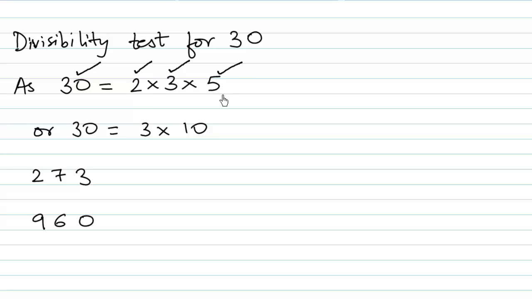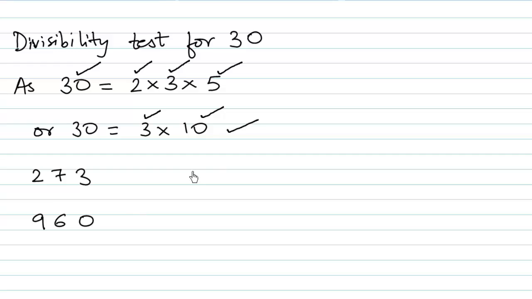That number should have either 0 or 5 as the units place, and the sum of all the digits should be divisible by 3. Or we can also state it as 3 multiplied by 10. So a number that is divisible by 3, and we know the divisibility test for 10 is the last digit should be 0. So this is even easier and simpler in order to find the divisibility test for 30.